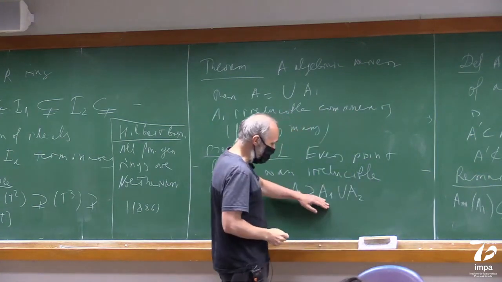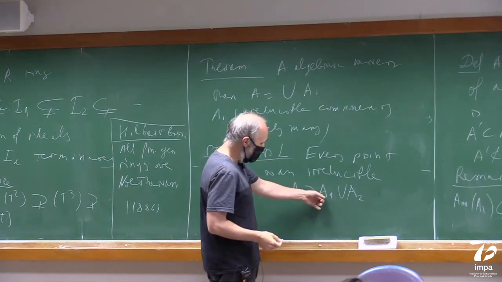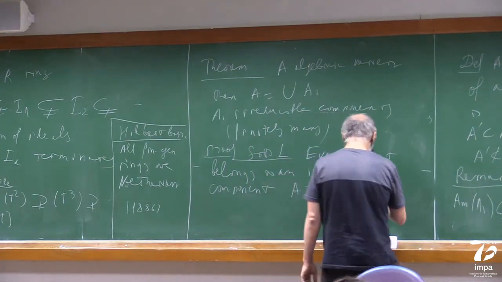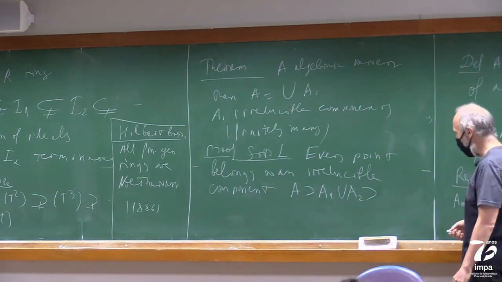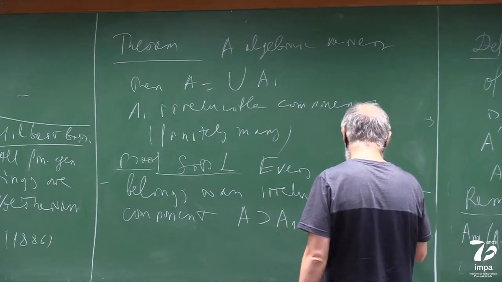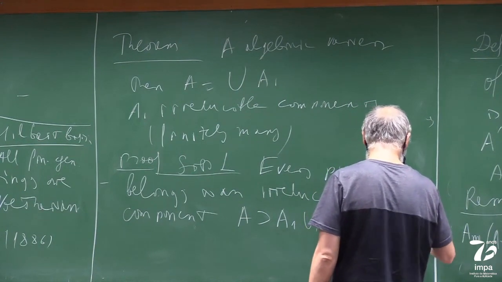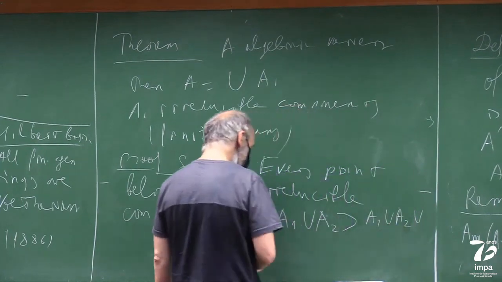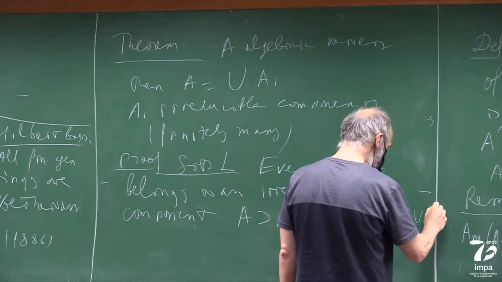Well, one of them definitely contains the point. If it's irreducible, it's already decomposed. So this contains A1 union A2 union, well, A1 prime, A2 prime, A3 prime, and so on.